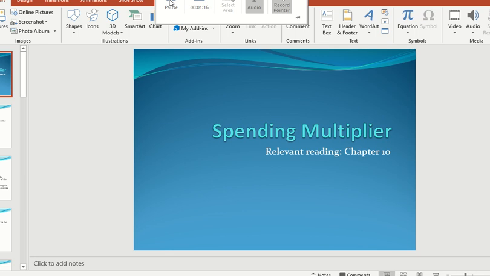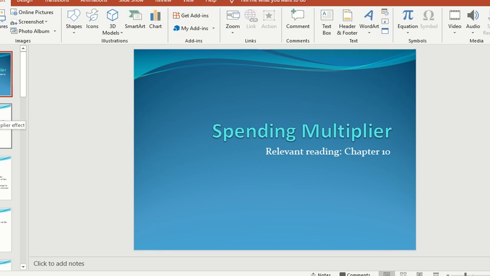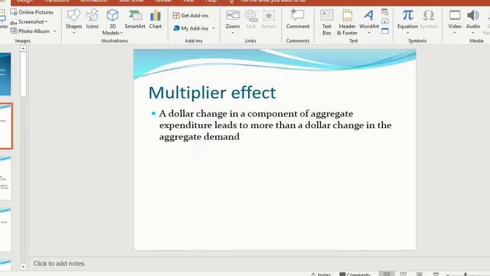So what we're going to learn is a phenomenon that happens in the economy called the multiplier effect. I'm just going to say it up front here. When it comes to the quantitative effect, we have to recognize that in the economy that we live in, we observe the multiplier effect.